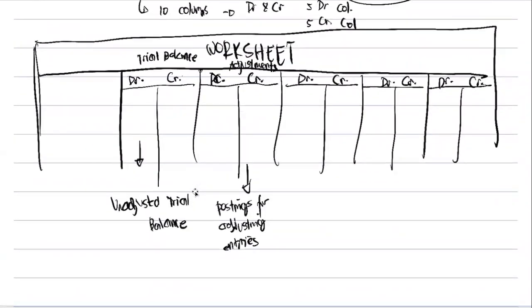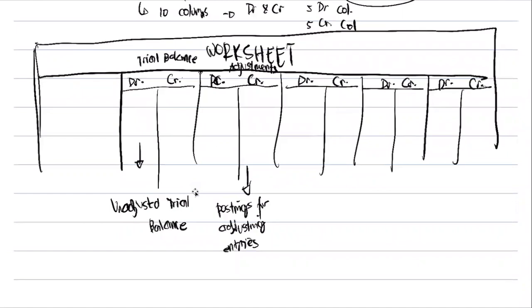And then we also have your third debit and credit column. This is known as your adjusted trial balance. This is your trial balance after affecting the adjustments.